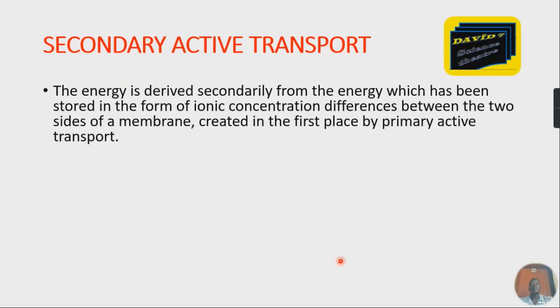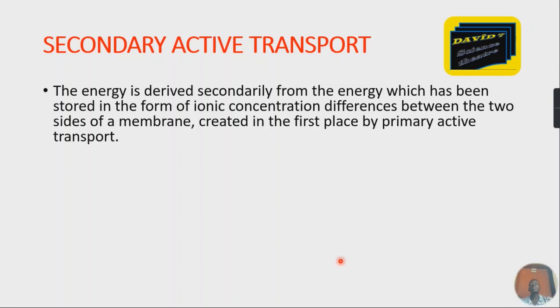Let's continue. Now we switch to secondary active transport. Here, in this process, energy is derived secondarily from the energy which has been stored in the form of ionic concentration differences between the 2 sides of the membrane, created in the first place by primary active transport.